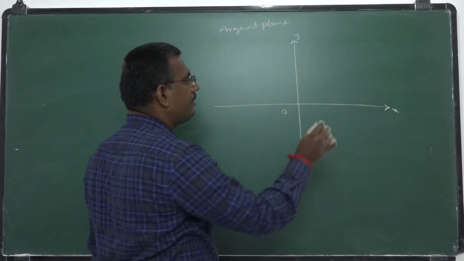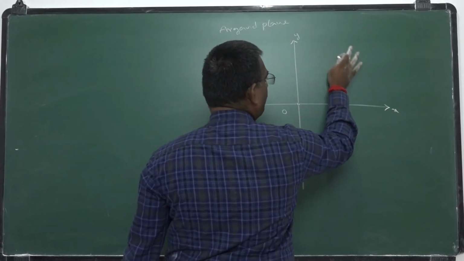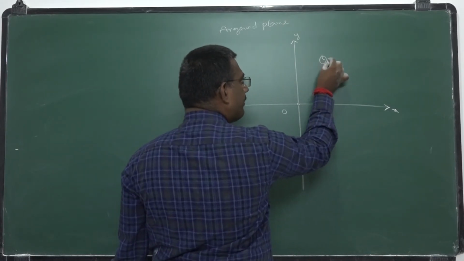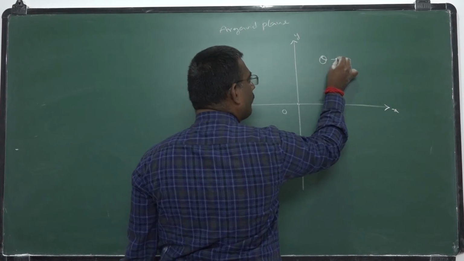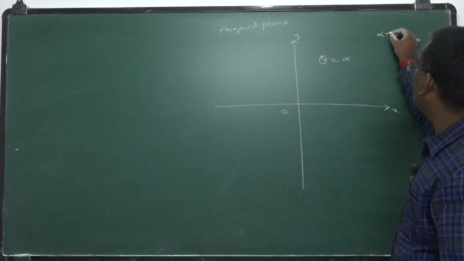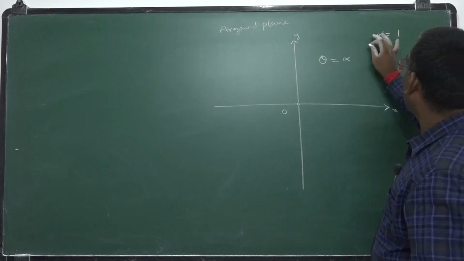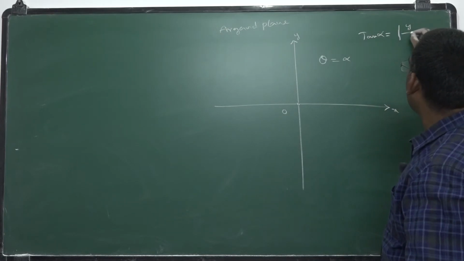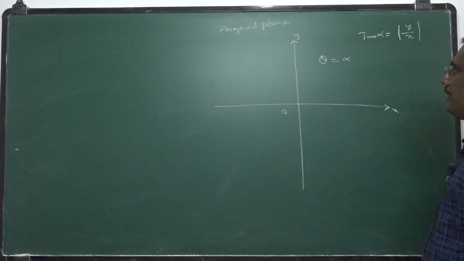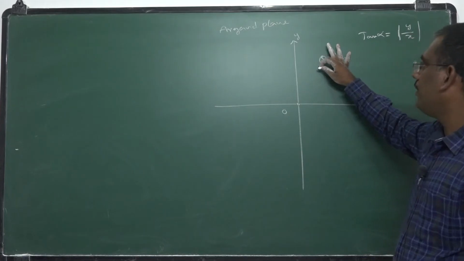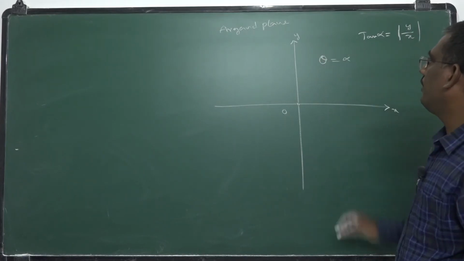If the complex number z lies in the first quadrant, the argument will be equal to alpha, where tan alpha is equal to modulus of y by x. So alpha is nothing but tan inverse of mod y by x.